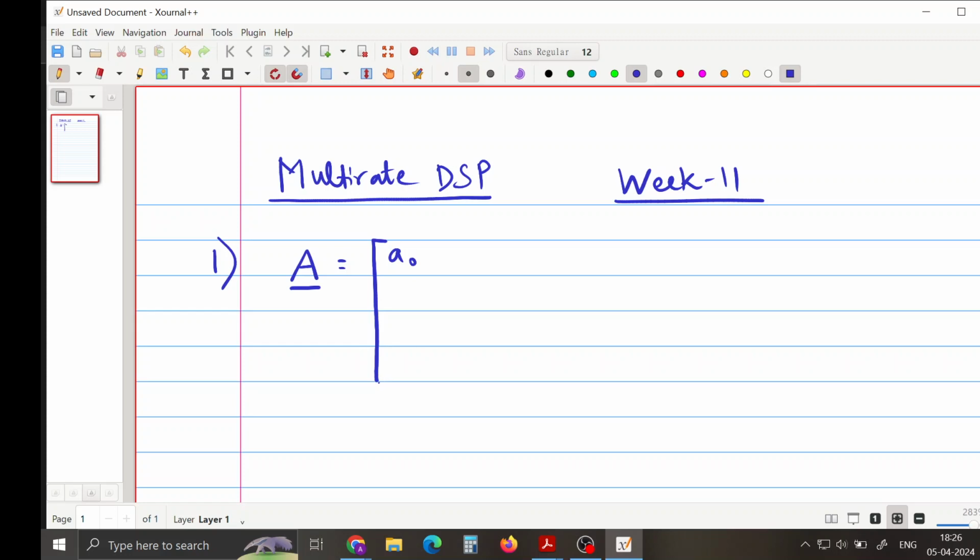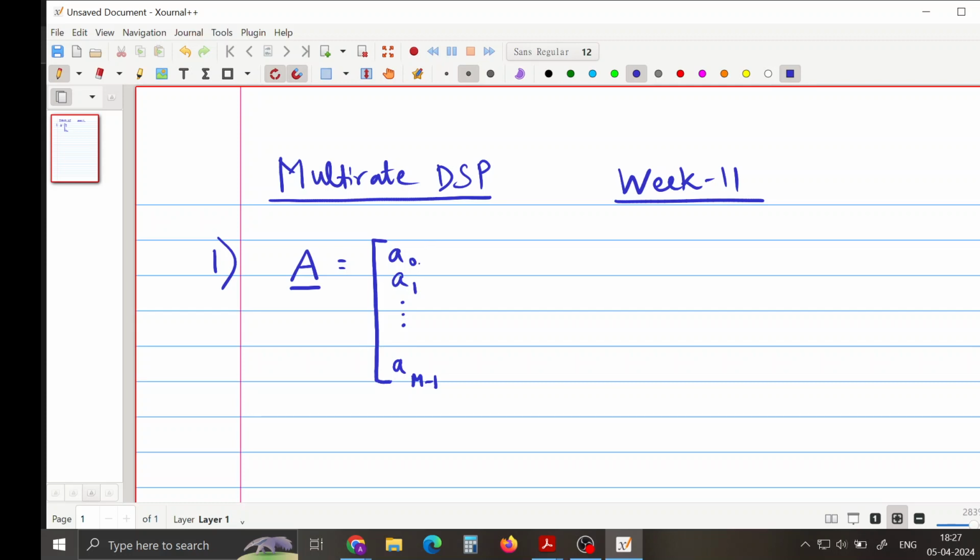If you look at the first column, the first entry is A0, then we have A1, and so on, all the way till A m minus 1. So there are m entries. So this matrix has m rows, and similarly it should have m columns as well in order to be a square matrix. Now this is the first column that I wrote. The second column would be a circular shift of this entire column by one place downward.